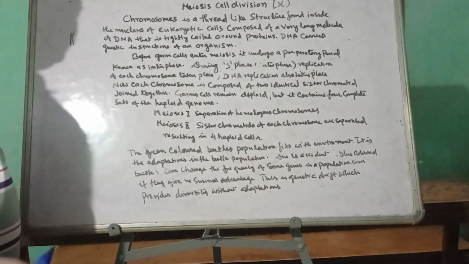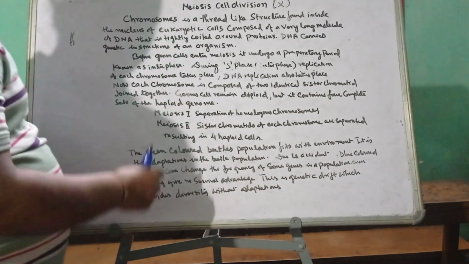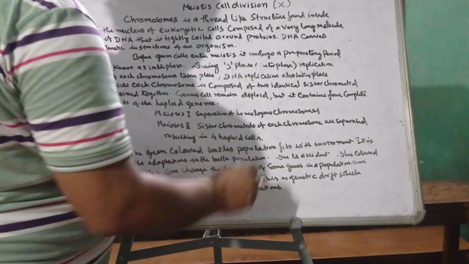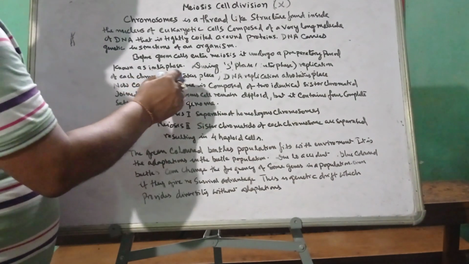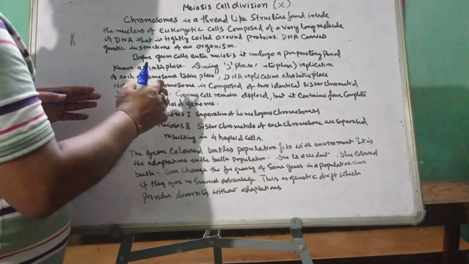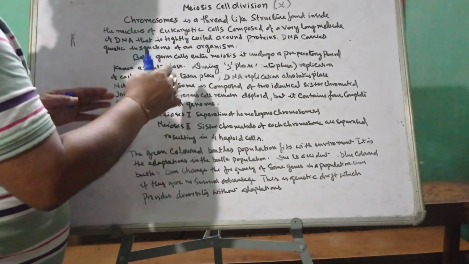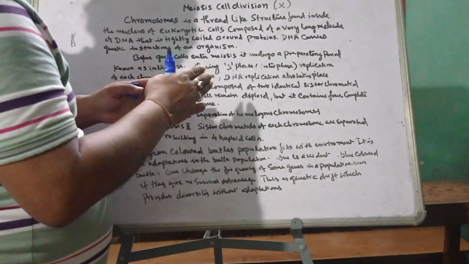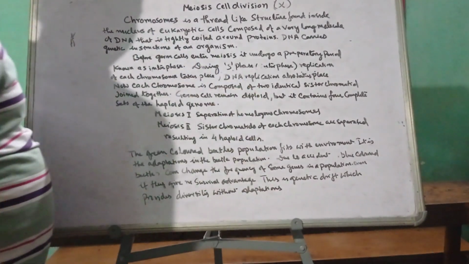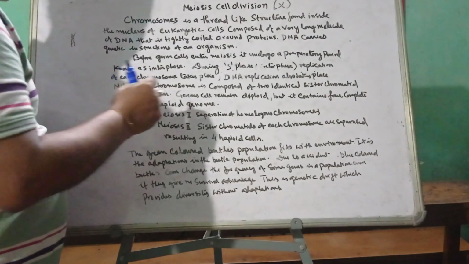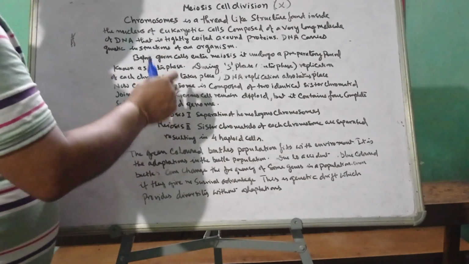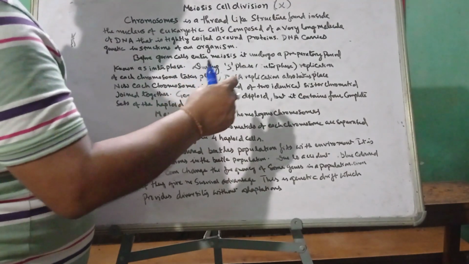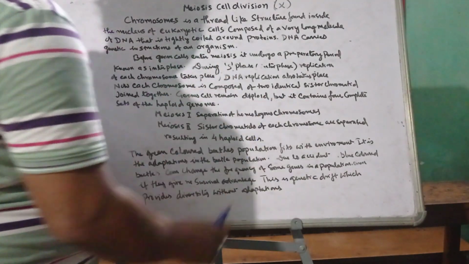In meiosis, two cell divisions take place. In meiosis 1, the separation of homologous chromosomes takes place. The chromosomes in interphase, with their partners, try to form pairs, that is the homologous chromosomes.